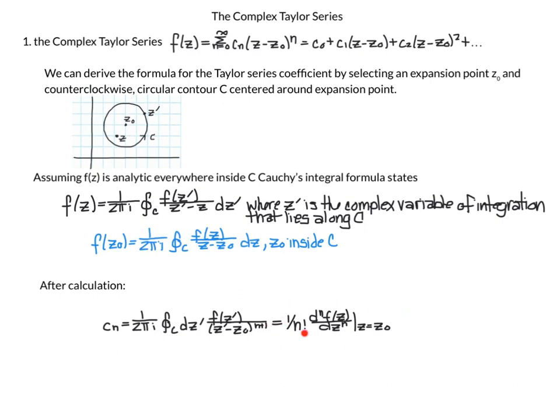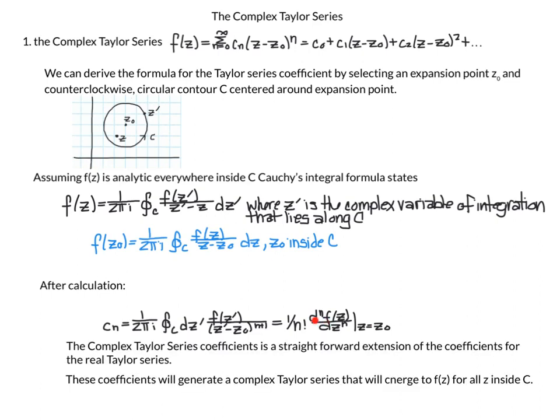So what that gives us is 1 over n factorial, the nth derivative of f of z evaluated at z naught. And this should look familiar to you because it's the same coefficients we used in the real Taylor series. So the complex series coefficient is a straightforward extension of the coefficients for the real Taylor series. And these coefficients will generate a complex Taylor series that will converge to f of z for all z inside C.